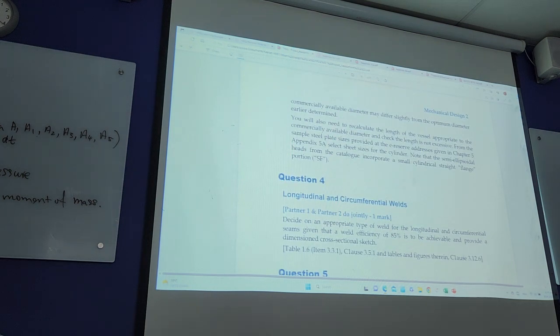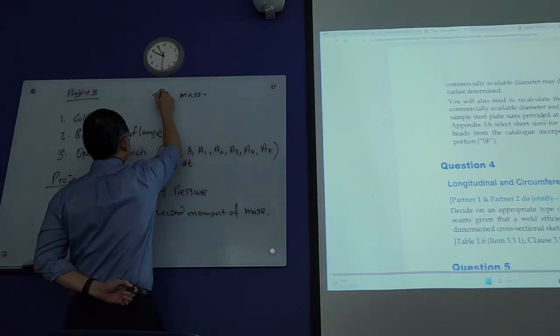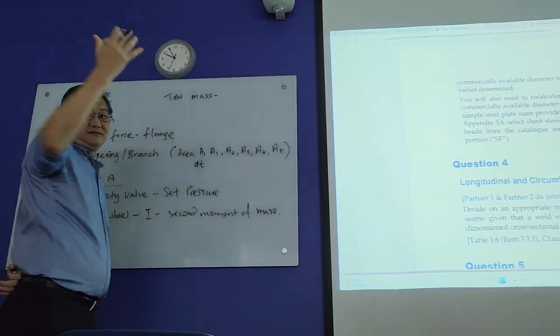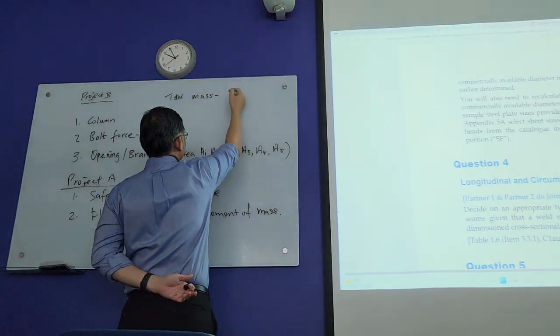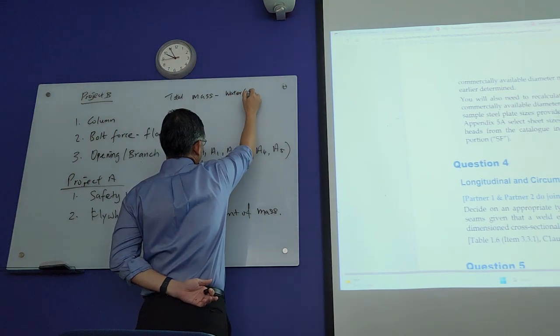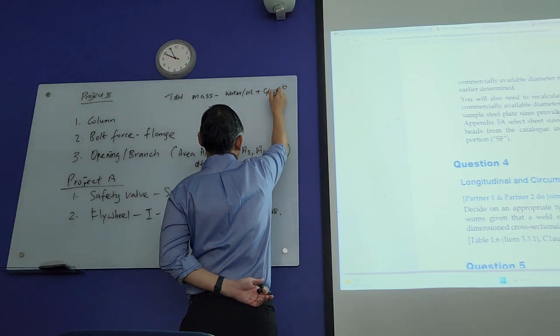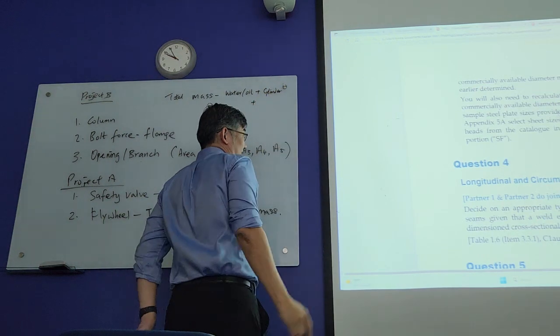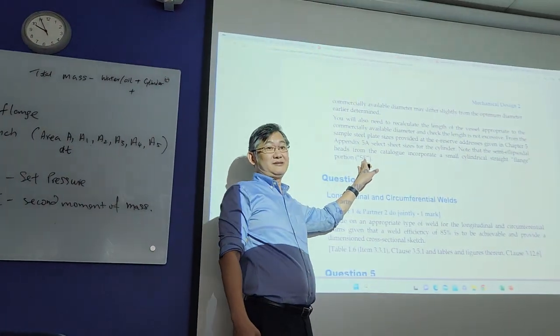Just now I mentioned about this, to find out the mass, the total mass, to find out the weight of the air vessel. So is your water or oil, plus your cylinder, plus this one, the straight flange from your semi-ellipsoidal head.